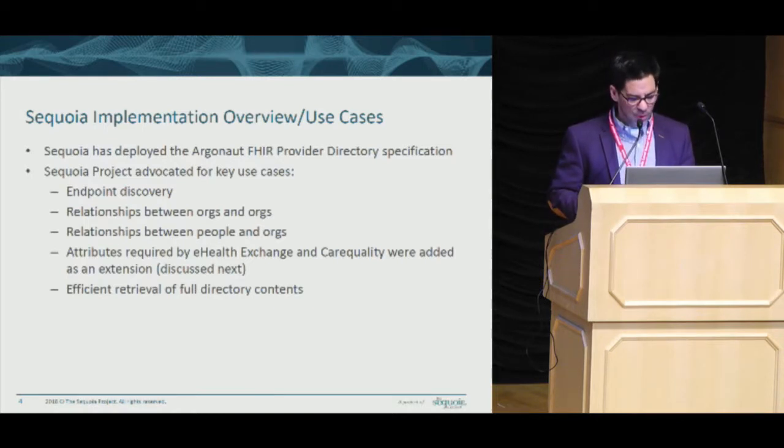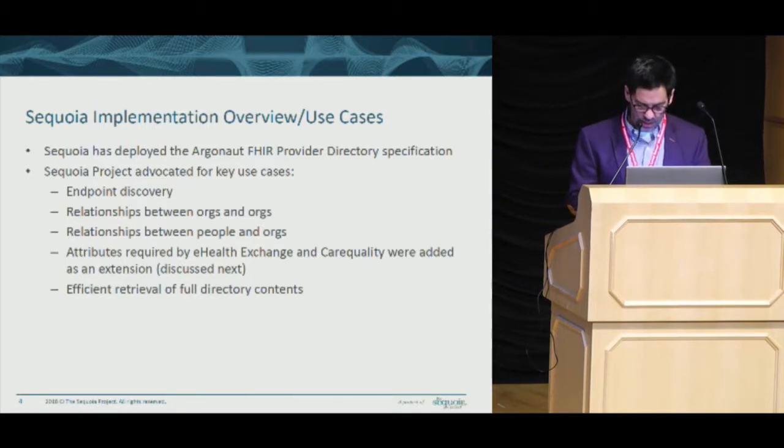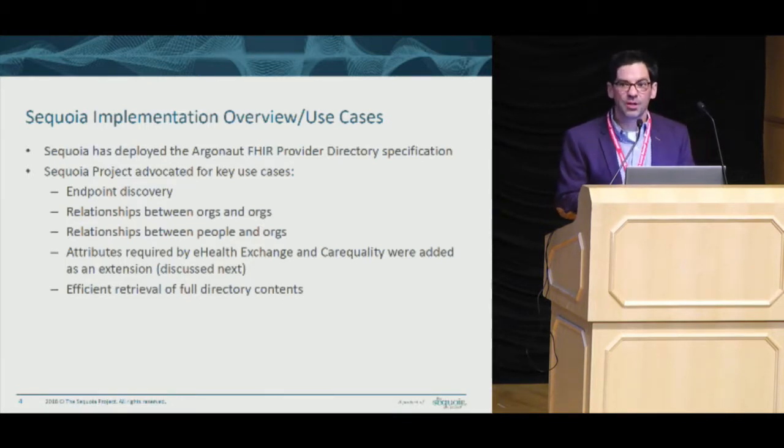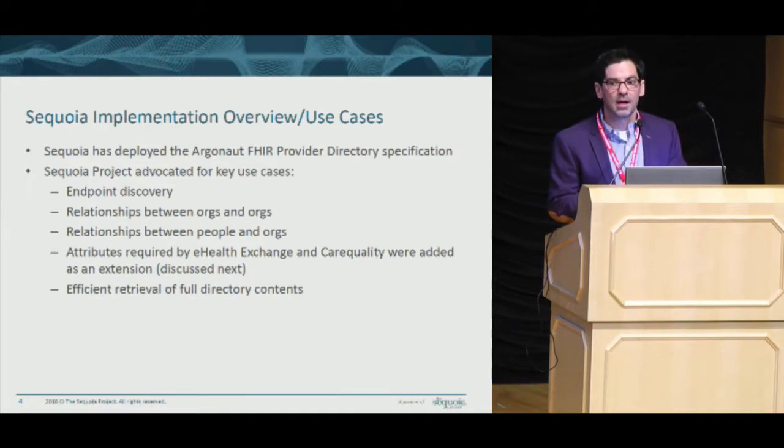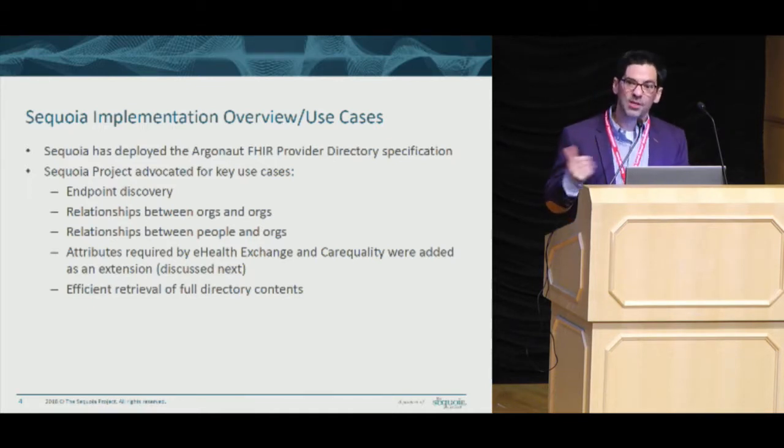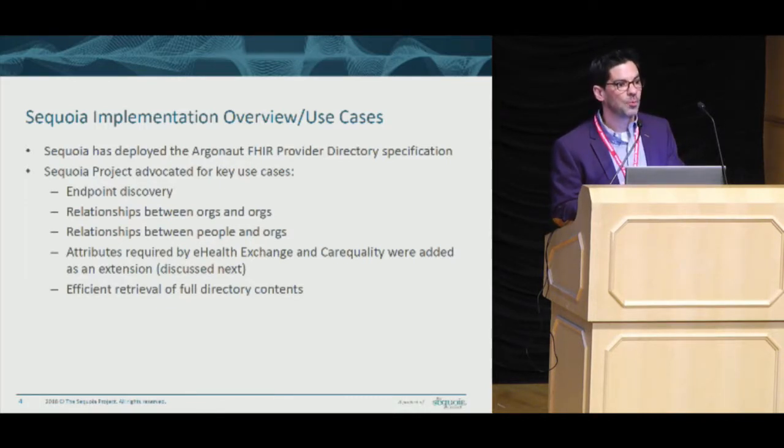So the Sequoia Project created this national provider directory using the Argonaut FHIR specifications, and then we extended it so that it could also be used by our Pulse application, by our eHealth Exchange network, and then by the Care Equality framework.